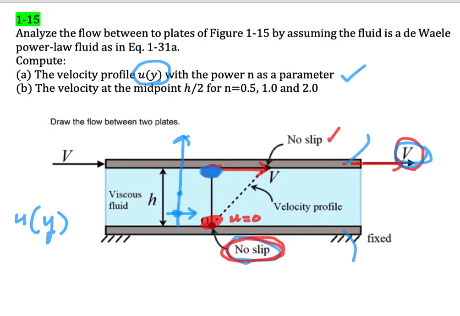There are a lot of molecules moving in the x direction, but the profile we need to plot is the pattern of the velocity from y equal to 0 until y equal to h. The height is h, so until the location of y equal to h.